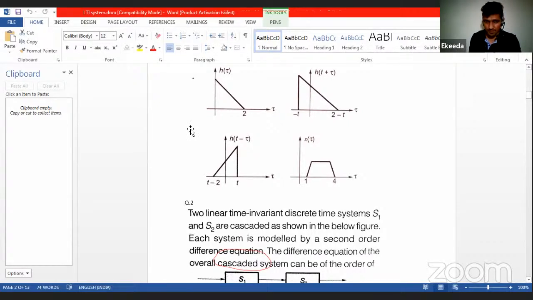We can see that the multiplication will be 0 when t is less than or equal to 1.